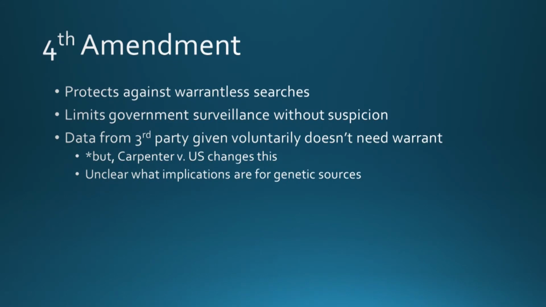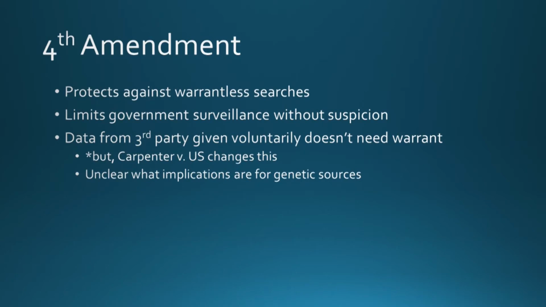However, data from a third party that's given voluntarily doesn't need a warrant. So if you go to somebody else and say, where was this person, or can I have this document? It's part of the third-party doctrine of the Fourth Amendment that says you don't need a warrant if somebody says, here's my information.